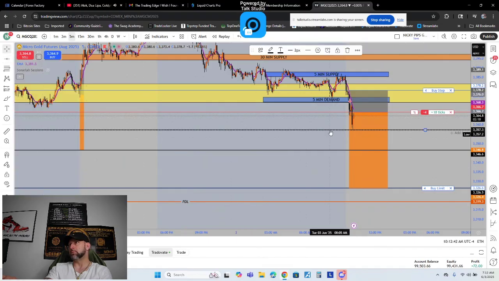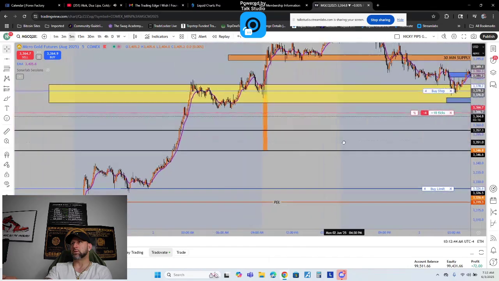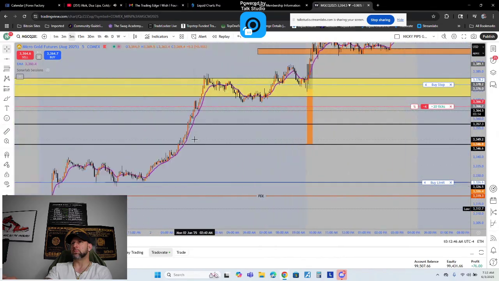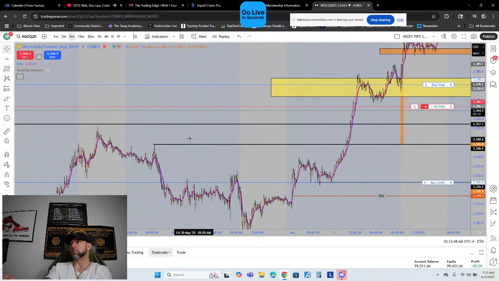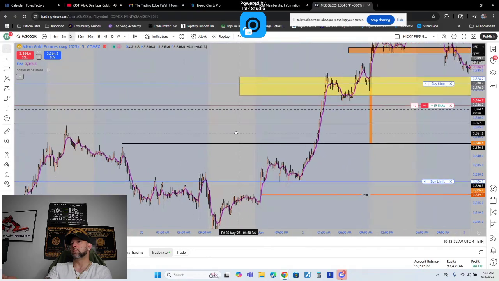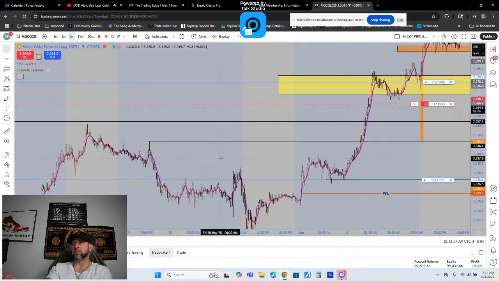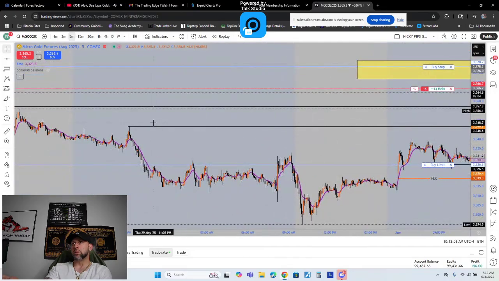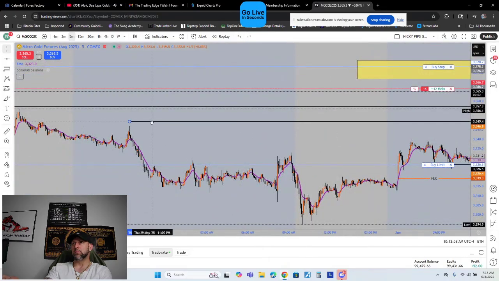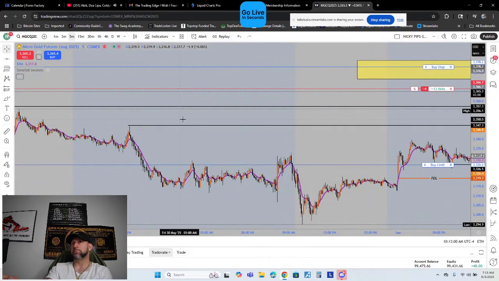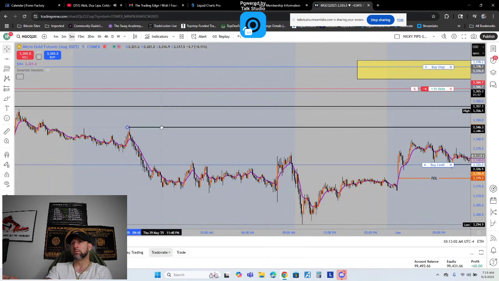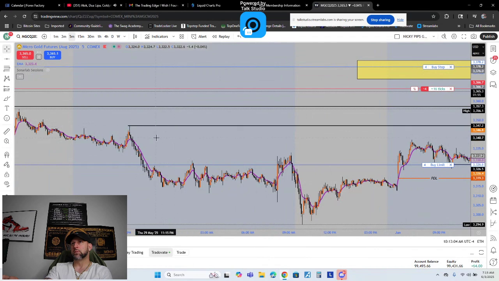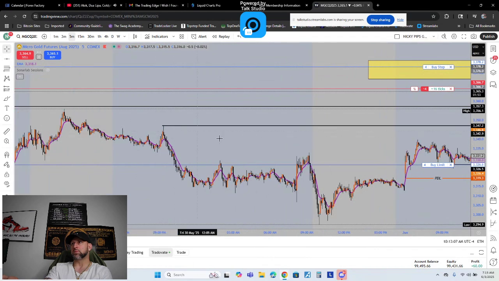So right here, and then we look to the left, see what did we tap into. So we almost tapped into a previous level of resistance. So that's what I was looking at. So hopefully we can bypass it. This is the next one.